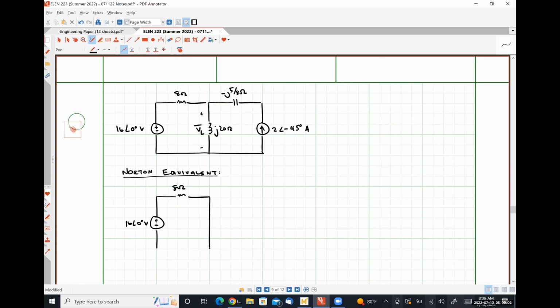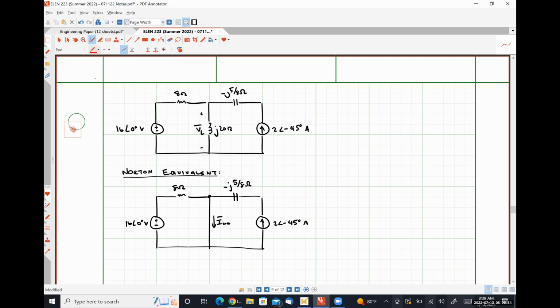So here's our short. This is our Norton phasor current. And I can find this phasor current by applying Kirchhoff's current law at this node.